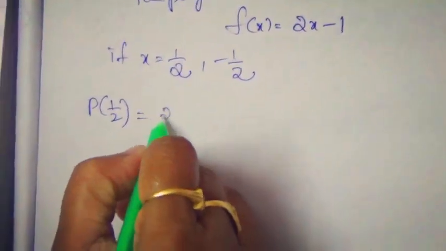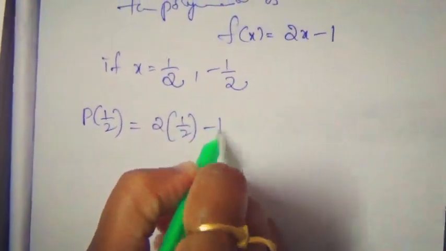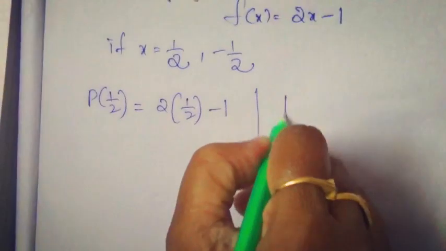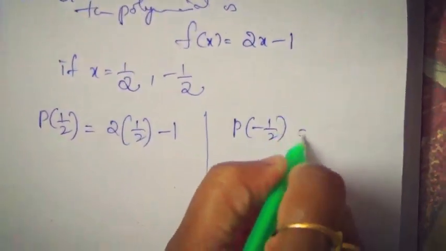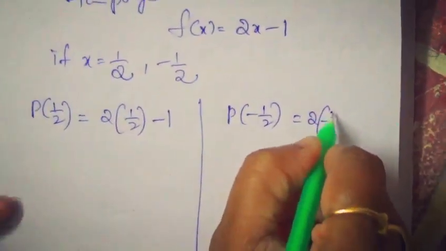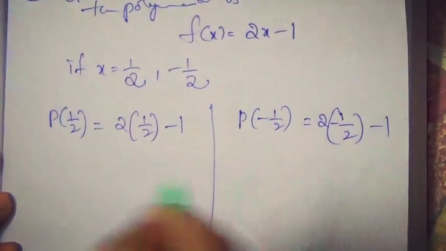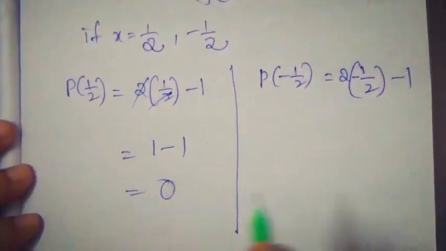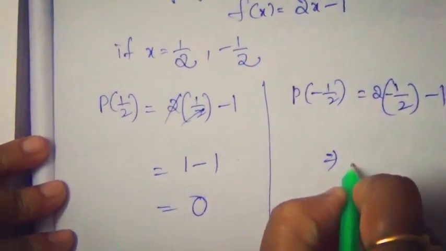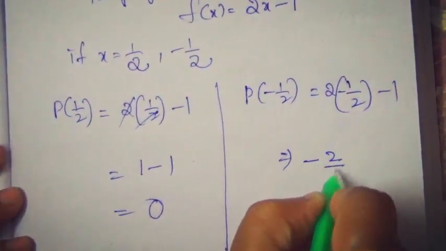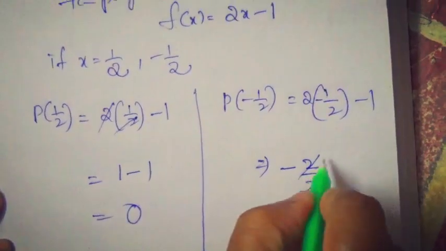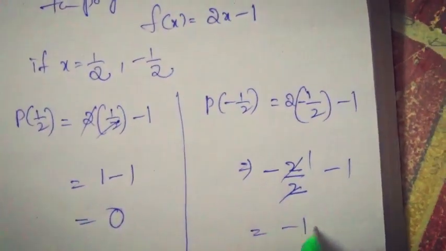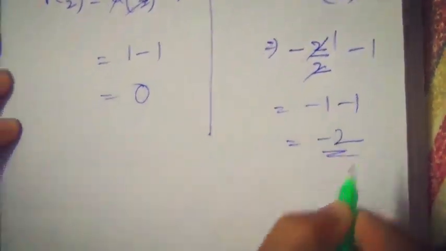That is equal to 2 of 1 by 2 minus 1. Just like that, p of minus 1 by 2. That is equal to 2 of minus 1 by 2 minus 1. So 2 cancelled. You will get 1 minus 1, that is equal to 0. Here that implies minus 2 by 2. 2 cancel, you will get minus 1. That is minus 1 minus 1, that is equal to minus 2.